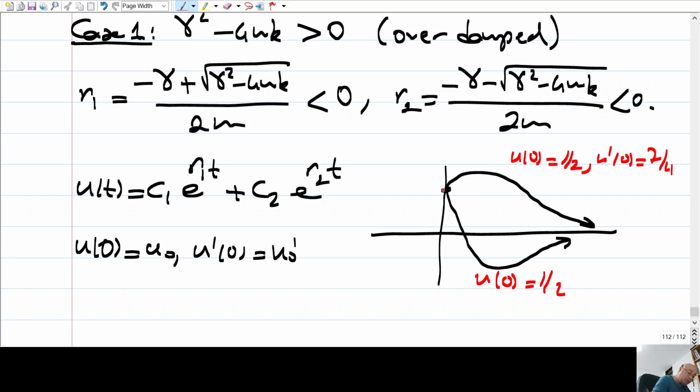It starts from the same position, but the velocity is this time negative, so minus 7 over 4. So this means what? In one of them you push the object upward, and in the other one you push it downward.